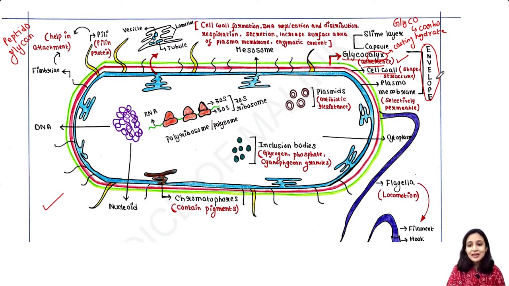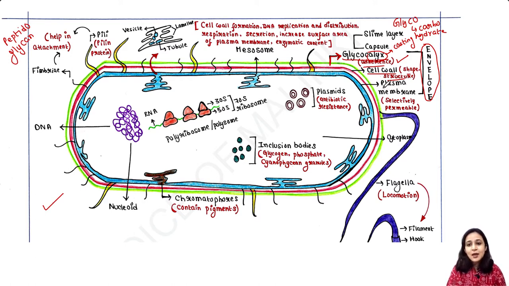This cell wall gives the shape to the bacteria and it also maintains the structural support. So, cell wall has mainly two importance. It gives shape and it is the structural support of bacteria.